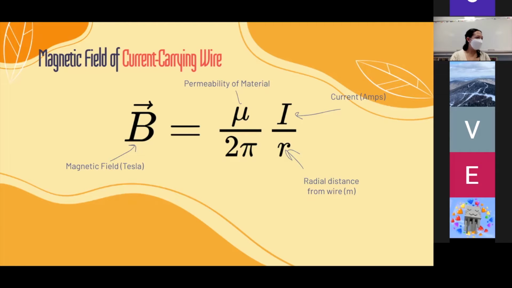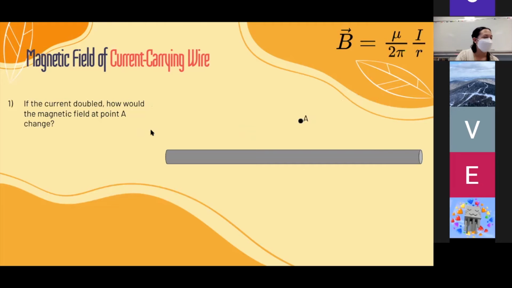So let us see what some questions might look like. And I will have you help me out here. So using this equation, when we do a proportions problem, we pretend that mu and 2 pi are not there.